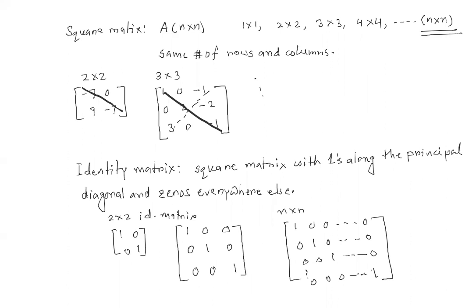An identity matrix is a special type of square matrix that has ones along the principal diagonal and zeros everywhere else. And here are some examples of identity matrices.